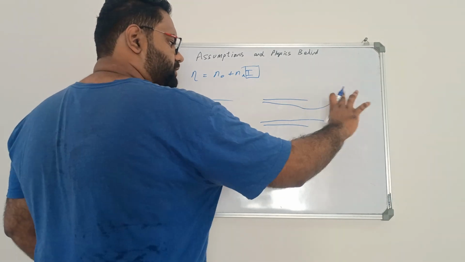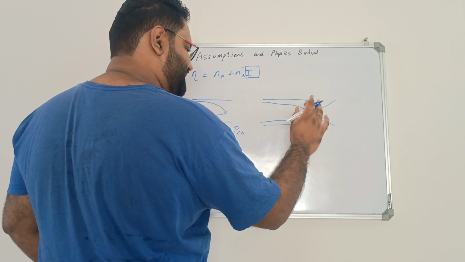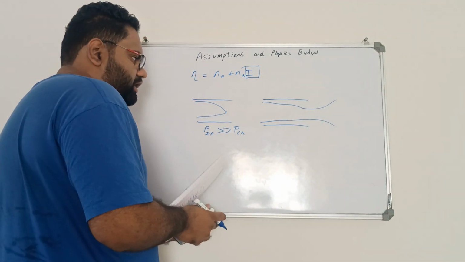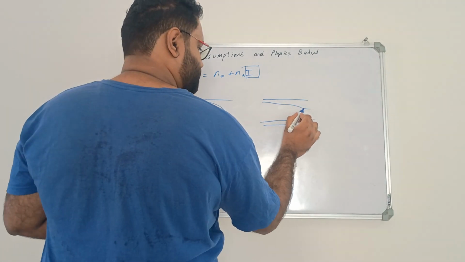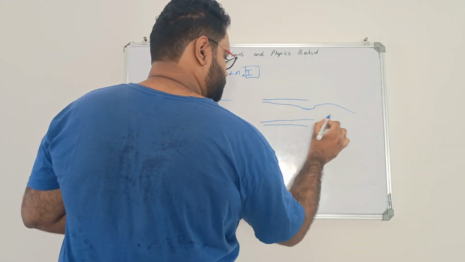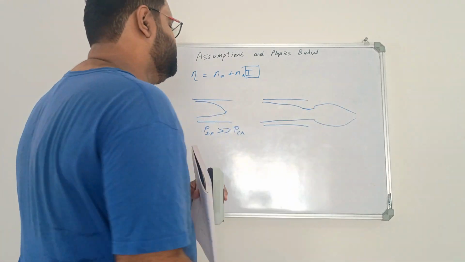So if I keep putting these in series, then I can actually focus it, and the final beam is going to be this way. And then it just keeps on going through the same thing.